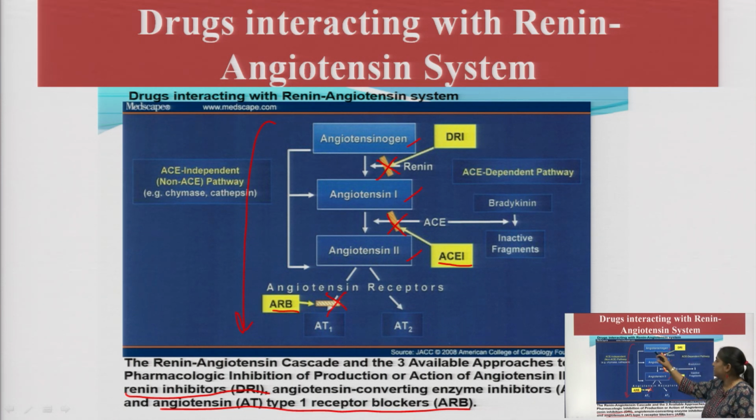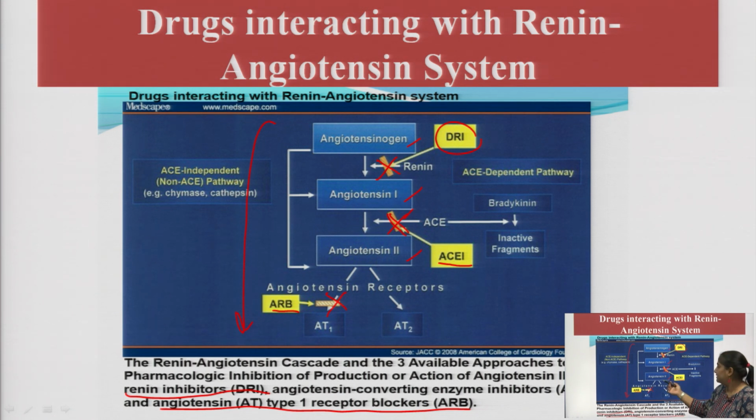So, in the first phase, angiotensinogen will be converted into angiotensin 1, and we need to stop here. With the use of DRIs we can stop this or diminish the activity somewhat. Then angiotensin 1 will convert into angiotensin 2, and we can again stop here by using ACEIs.